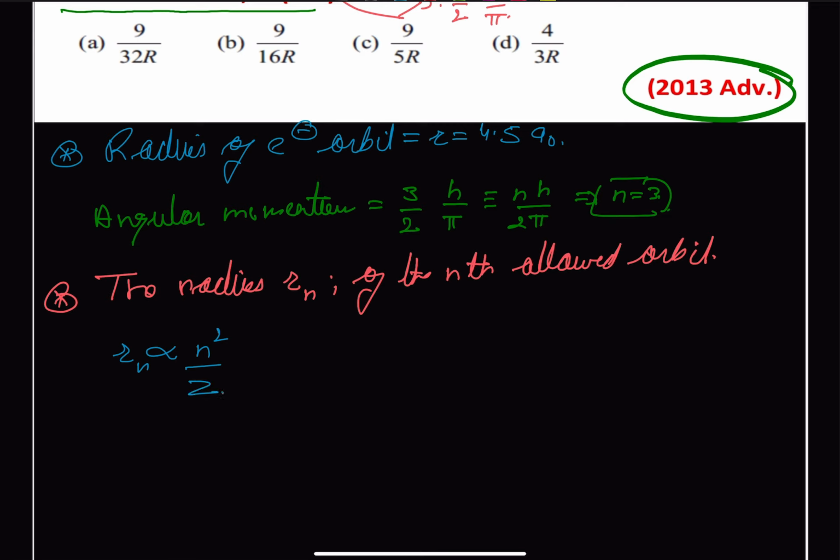From here we can say, because a naught is our standard constant, therefore r of n will be equal to 4.5, sorry. Therefore, we can write that 4.5 is equal to, the value of n is 3, and from here we can easily find out the value of z. So this gives us that the value of z will be equal to 2.